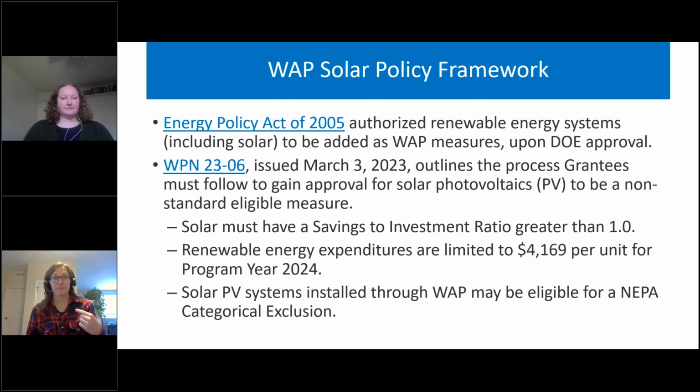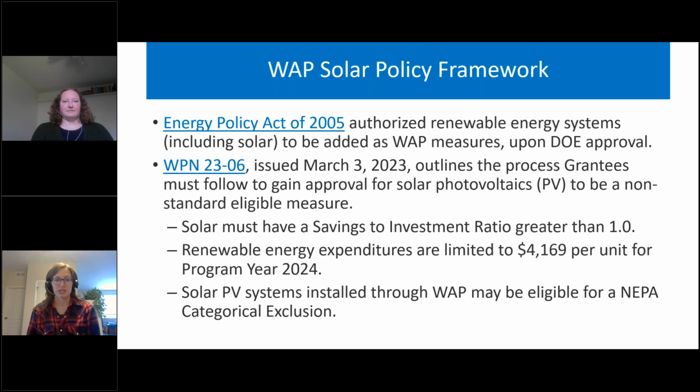So this means that WAP often leverages other sources of funding. That could be utility funds, that could be LIHEAP, it could be other allocations from state or local governments to cover the balance of the cost of a system for installation, and that helps with the cost effectiveness.